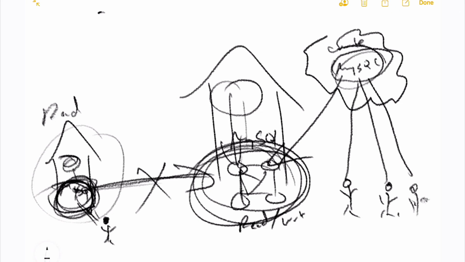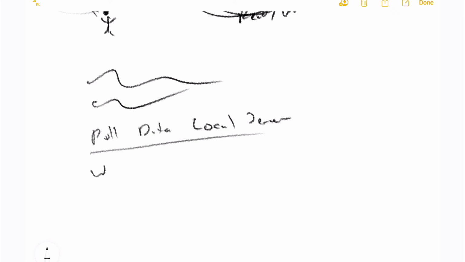Now, you're sitting there going, oh my God, how is all of this going to work, that's complicated. Well, that's where programming languages come in, right? With the programming language, when you're writing out your script, you can say, when somebody goes to the website, pull data from the local server, and then write data back to the home server.